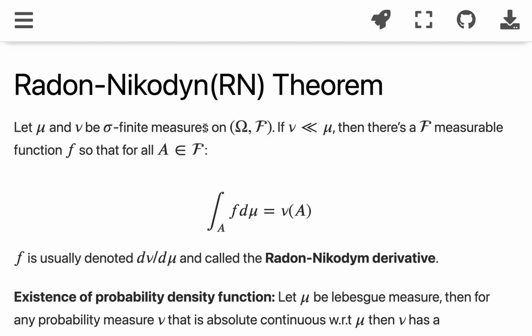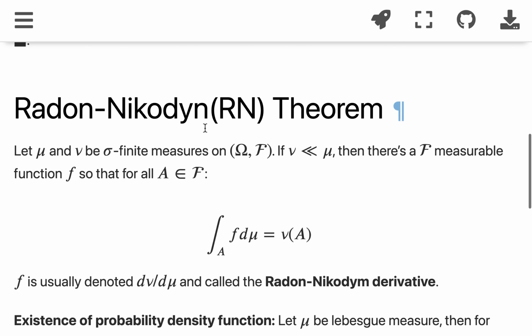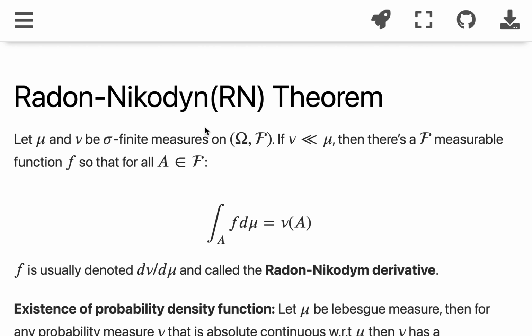So what is a sigma finite measure? I didn't write it down here. Forgot to write it down. But sigma finite is: for a space omega, if we can find an increasing set of A_i that increase to omega, from A1, A2, and so on, and the measure of each A_i is finite, then the measure is sigma finite.